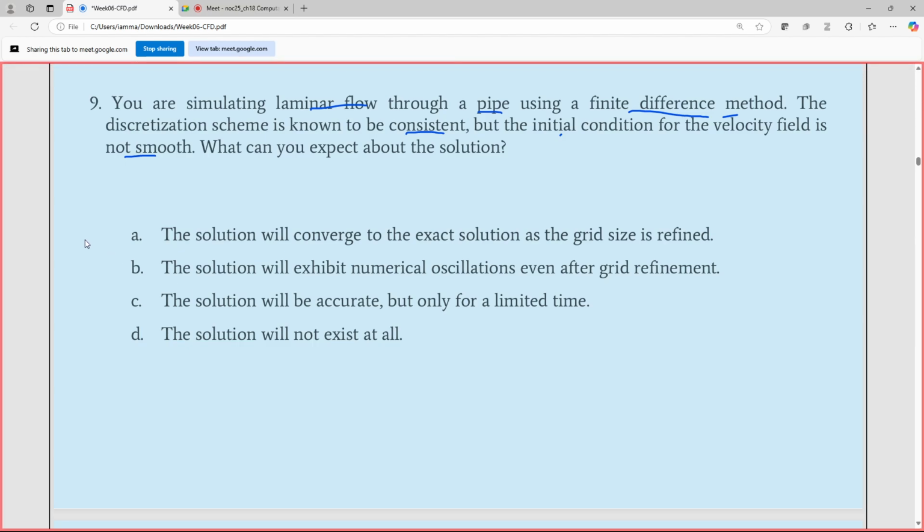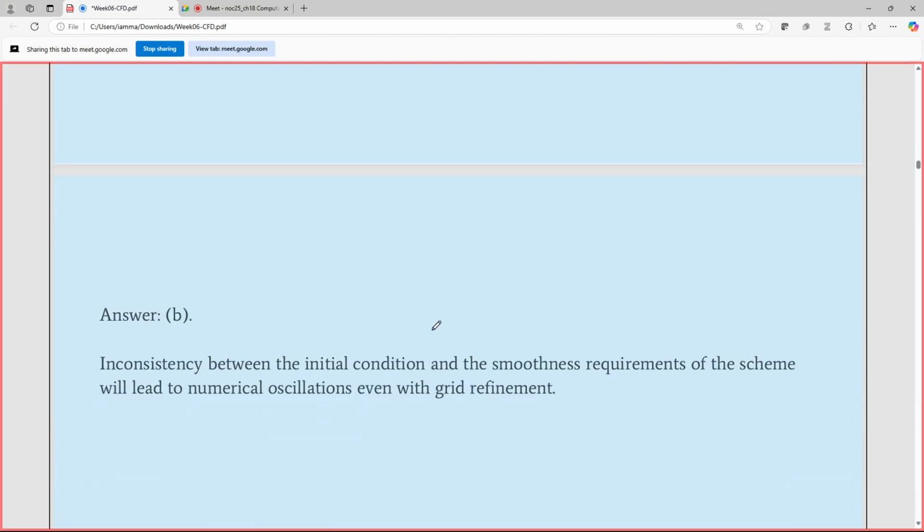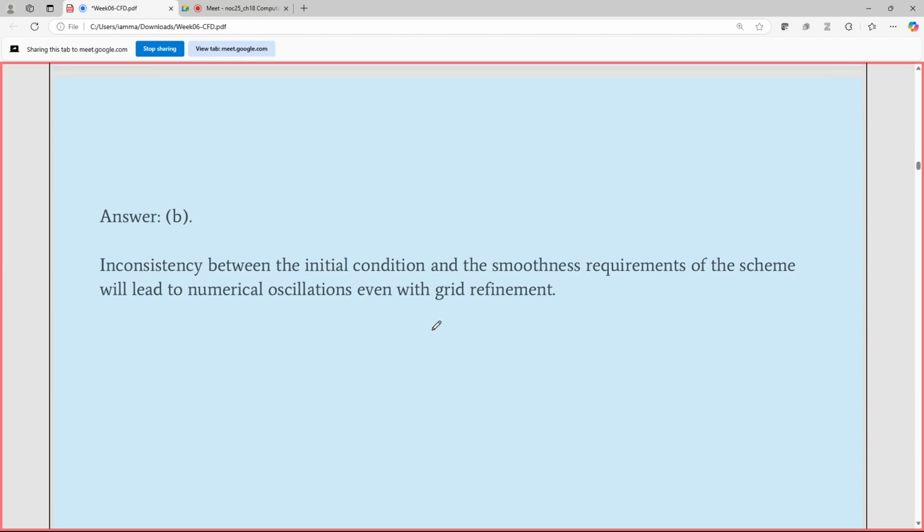Our answer is option B. That is, the solution will exhibit numerical oscillation even after the grid is refined, because the inconsistency between the initial condition and the smoothness requirements of the scheme will lead to numerical oscillation.